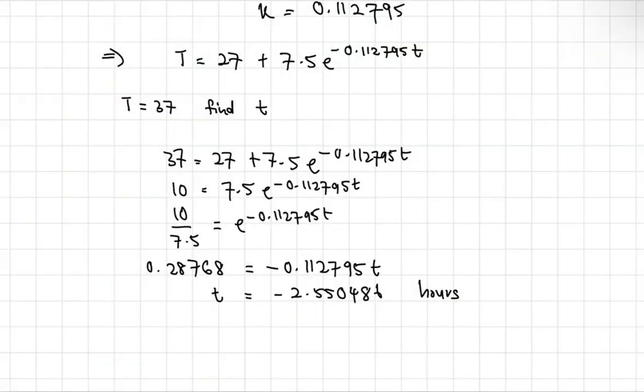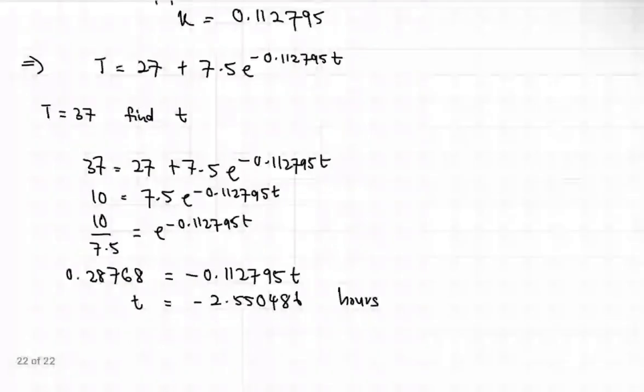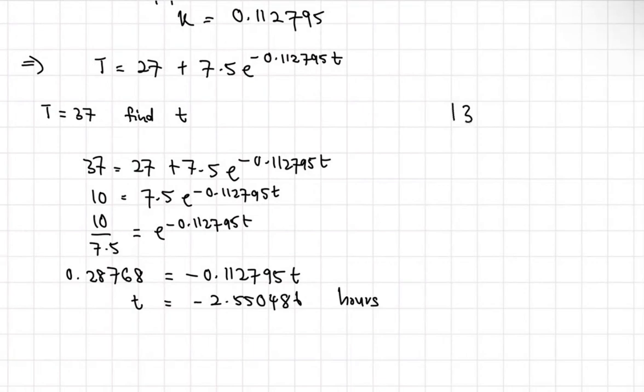So the body found is 1 o'clock in the evening, 1 p.m. If I try to convert, 1 p.m. is 13.00 international time. And 2.550468, so you need to convert.